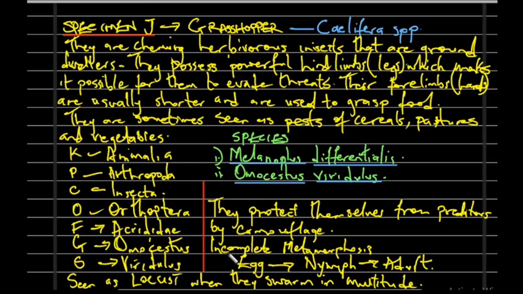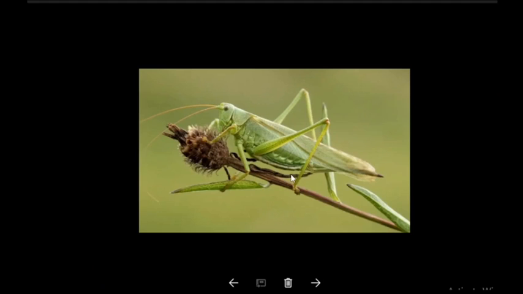This organism undergoes incomplete metamorphosis, where the egg develops into nymph and then the nymph develops into adult. When they swarm together in multitude, grasshoppers are seen as locusts. That is what the grasshopper is. So this is an example of what the grasshopper looks like.